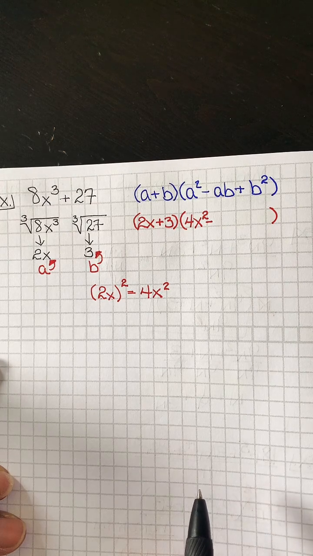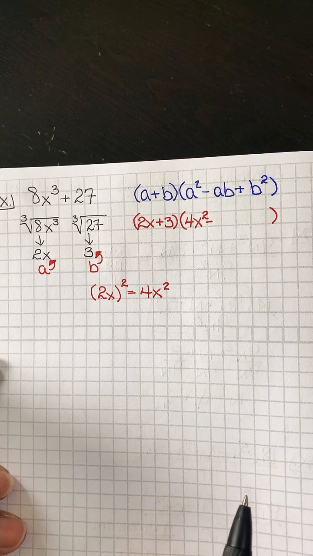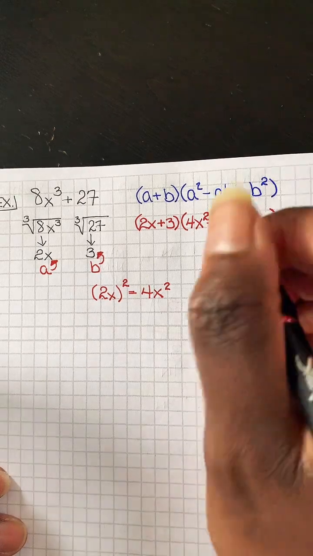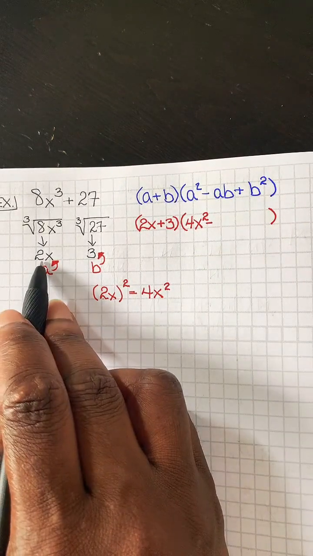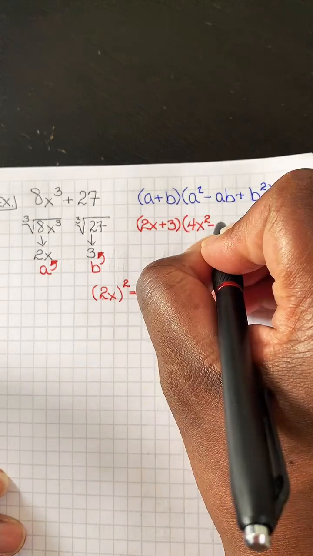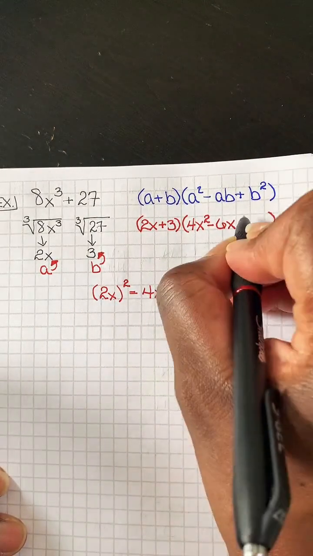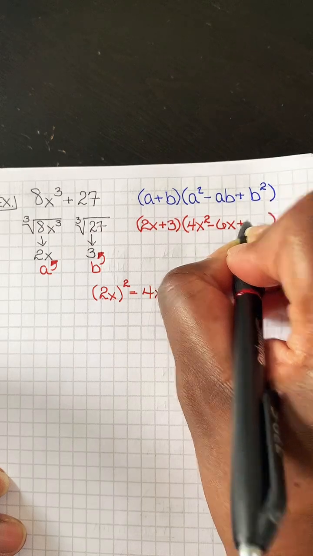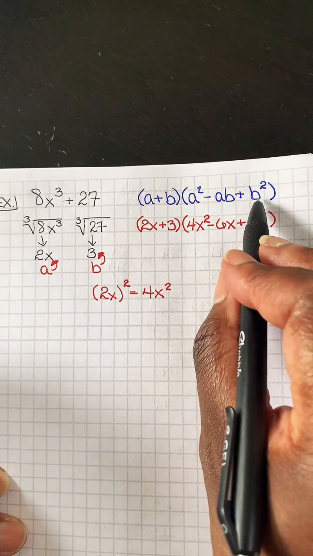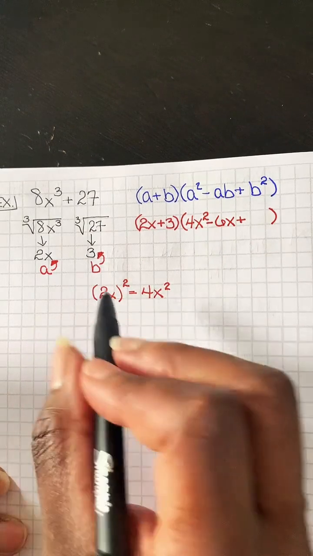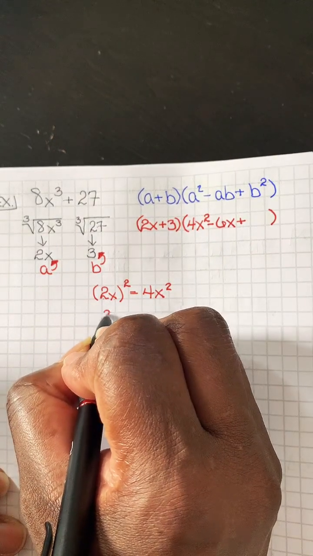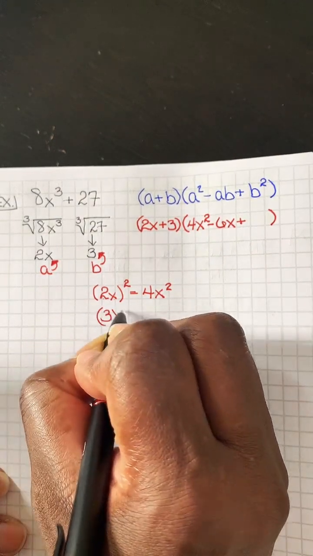All right, Shay saying 6x, Ohio saying 6x, Marvin saying 6x, Danny 6x, Tay is saying 6x. Yes, because 2x times 3, that gives us our 6x. And now bring down the plus sign, and now we're going to square our b. If our b is 3, we're going to square it.